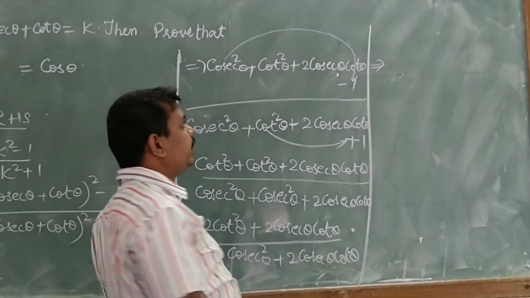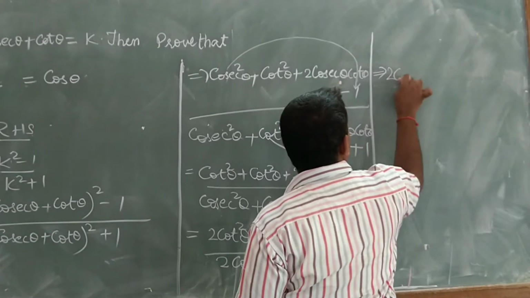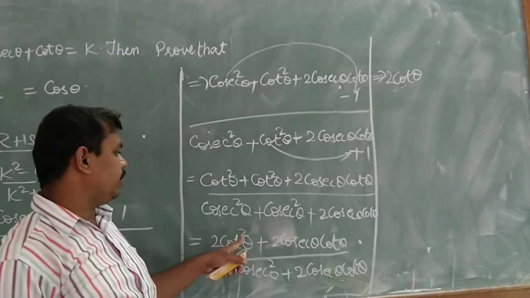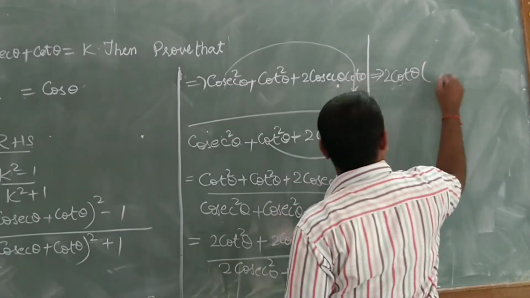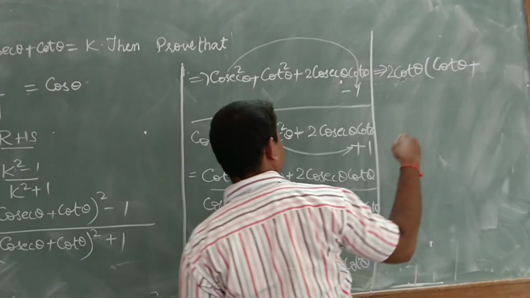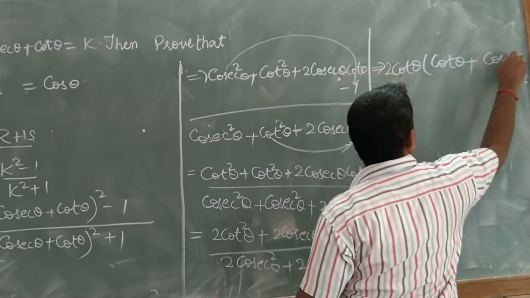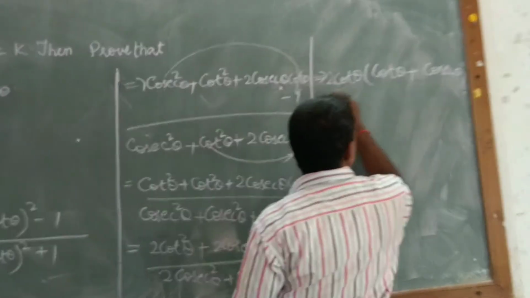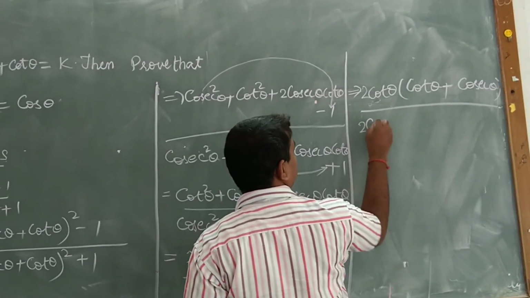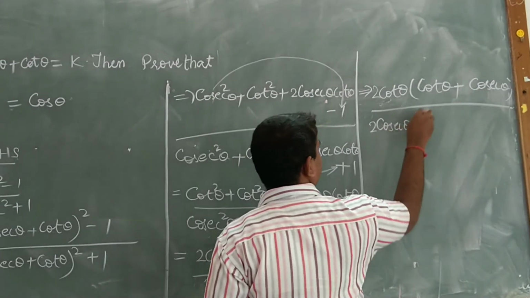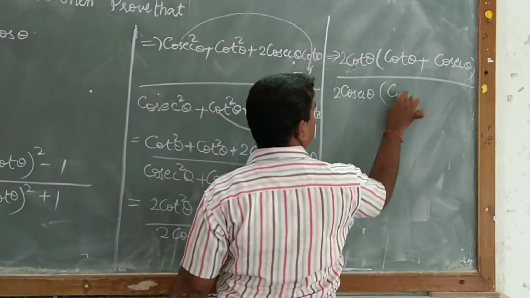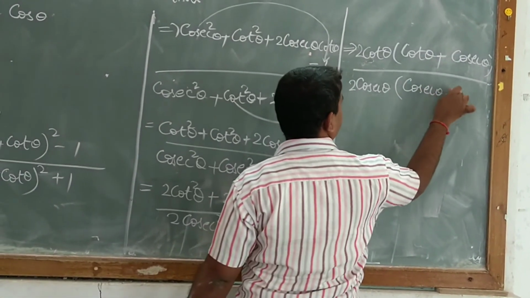Let us take 2 cot theta common. If you take 2 cot theta common, you will remain with what? Cot theta plus cosecant theta, by, take 2 cosecant theta common here, will remain with what? Cosecant theta plus cot theta.